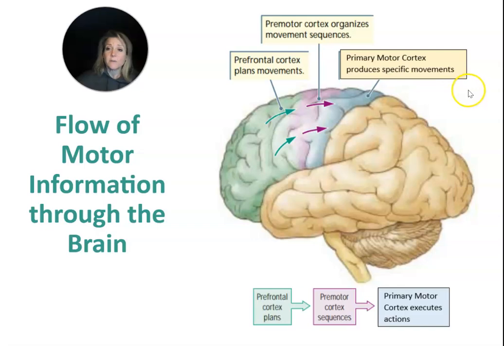The reason why I say it's different is that general sensory information is going to first enter the primary sensory cortex, the post-central gyrus, and then it moves on to the association area. Here it's different. The association areas are going to get the information first for motor stuff, and then it's going to move on to the primary. So it's a little bit backwards.